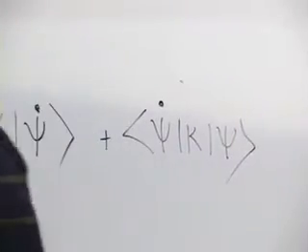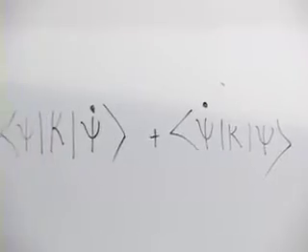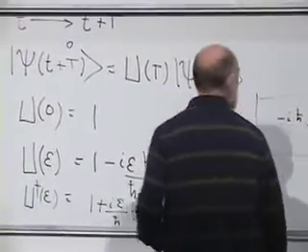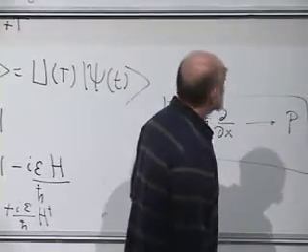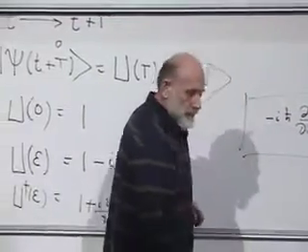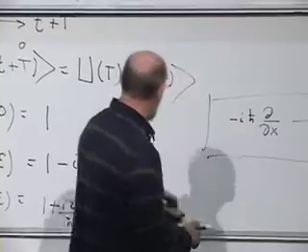Well, where do we get these psi dots from? Apart from the fact that we have erased them off the blackboard? Okay, so let me write down the Schrodinger equation. We get them from the Schrodinger equation.